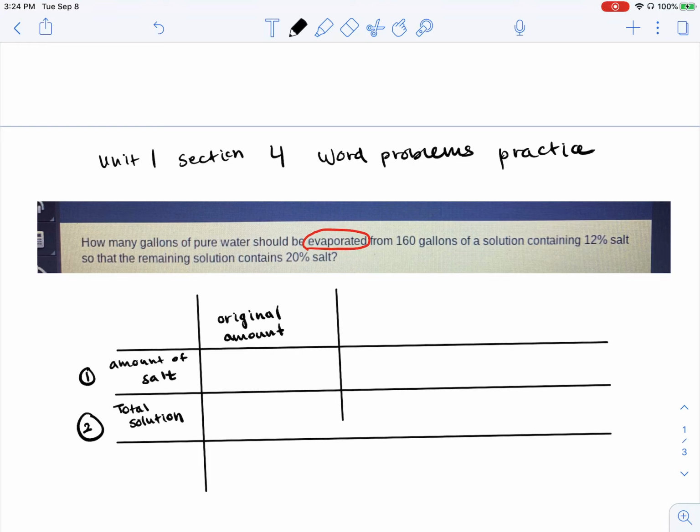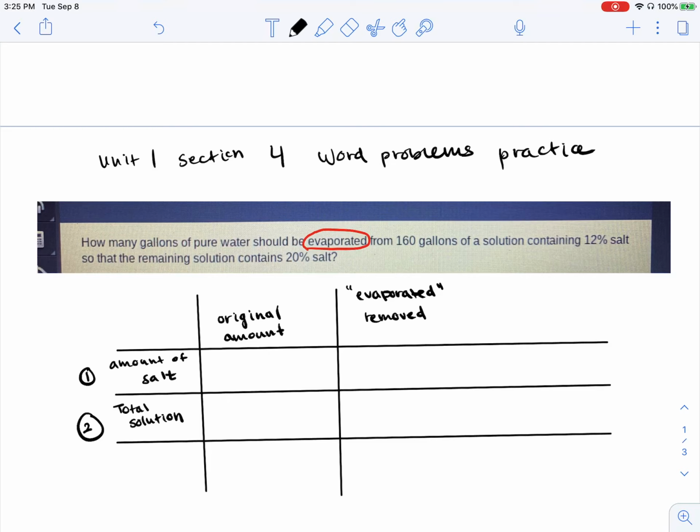And then remember I told you we're going to subtract because we're going to take out. So removed, or we can say evaporated because that's the scenario here. But I do want to let you know, depending on the word problem, the word that's being used will change. But the fact that it's being evaporated, we are losing the pure water.